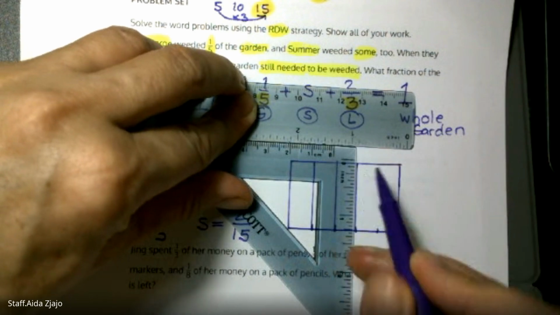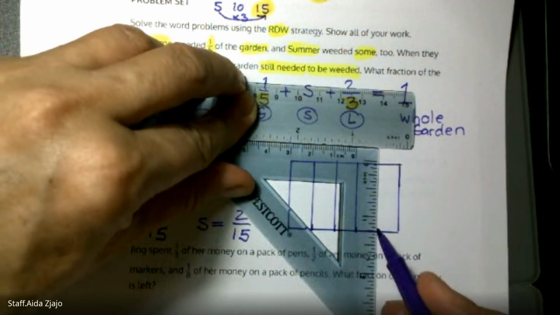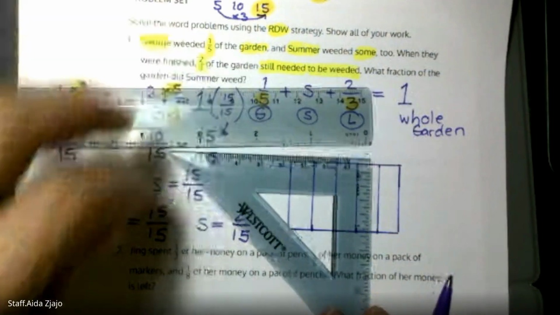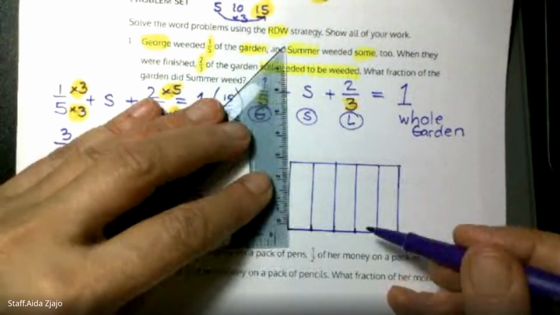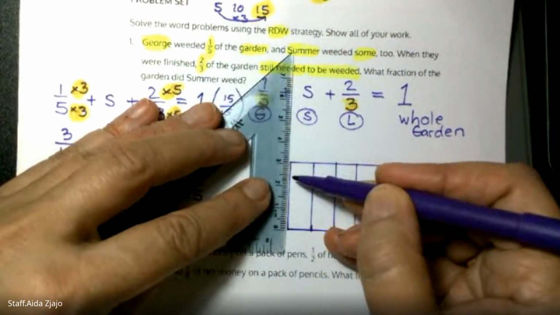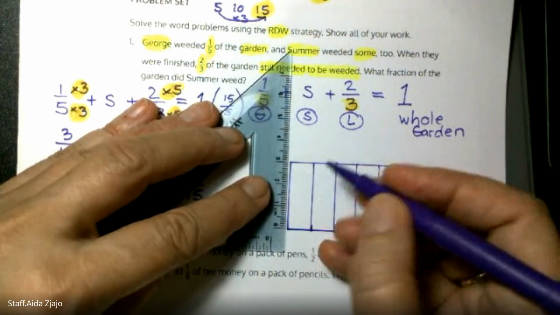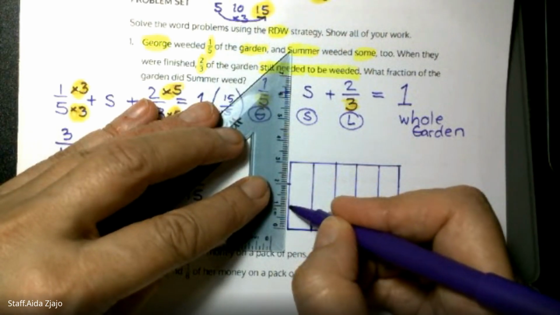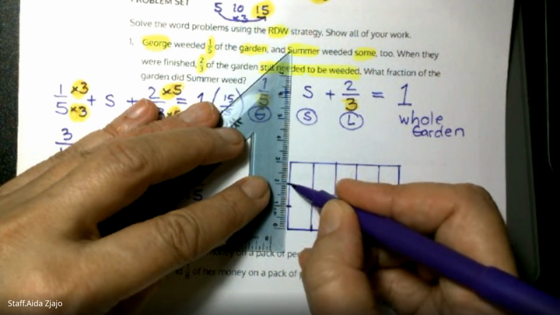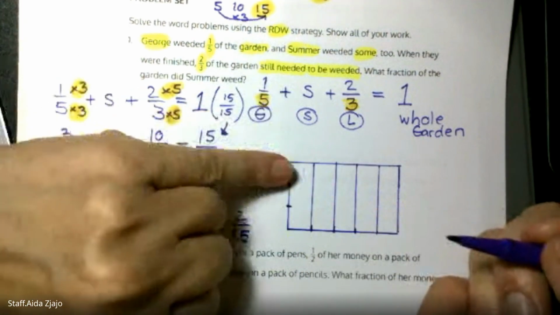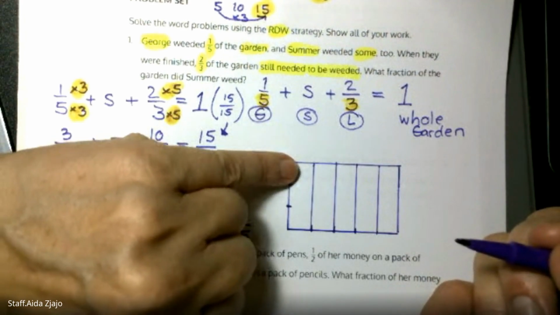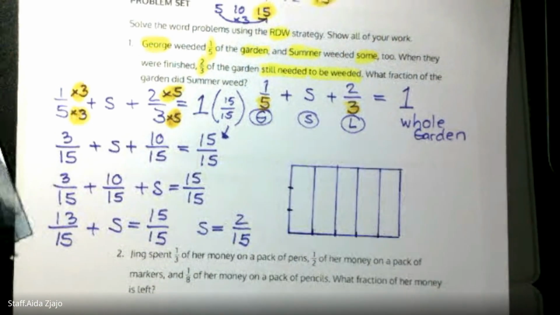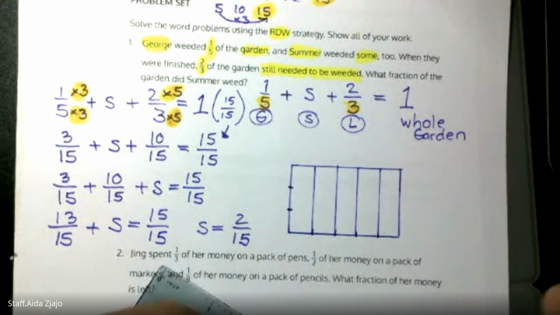if we cut the fifths into 3 pieces, we will make 15ths. So this part has to be equal in 3 pieces. So it has to be 2 lines. If I wanted 3 pieces, I need 2 lines. So 1, 2, but it will create 1, 2, 3. So 2 cuts create 3 pieces.